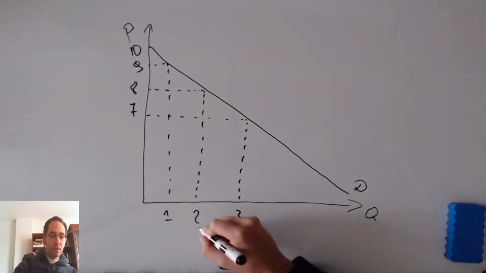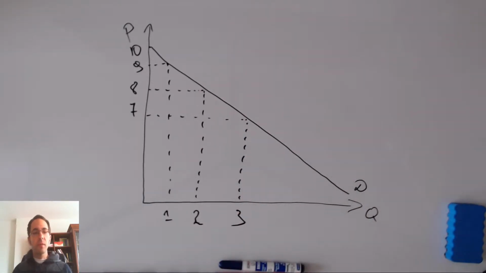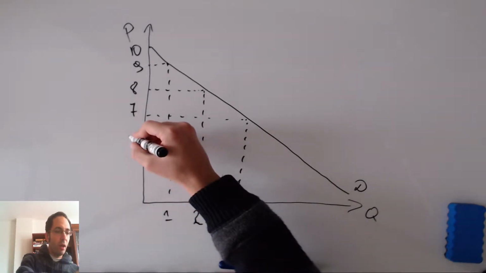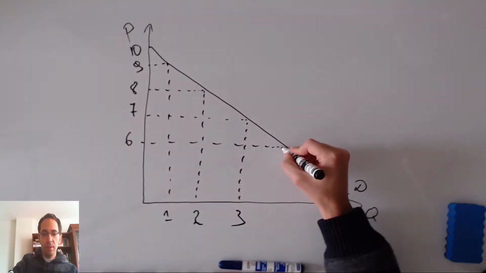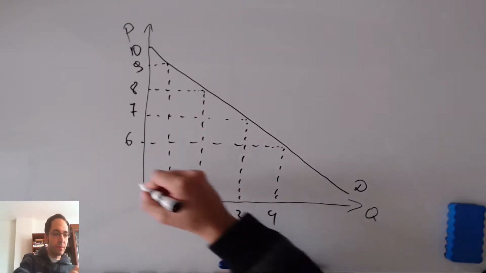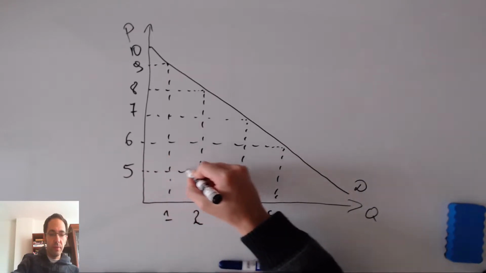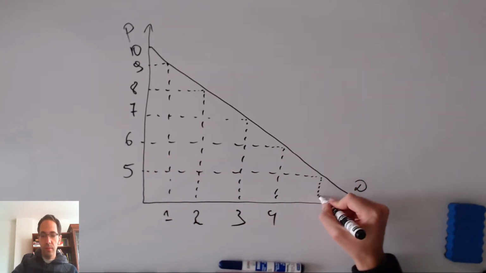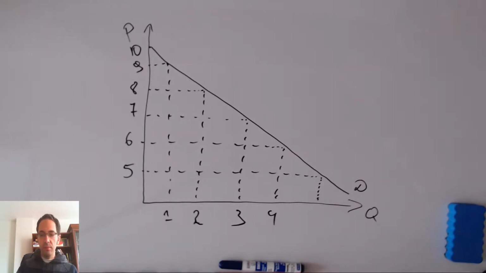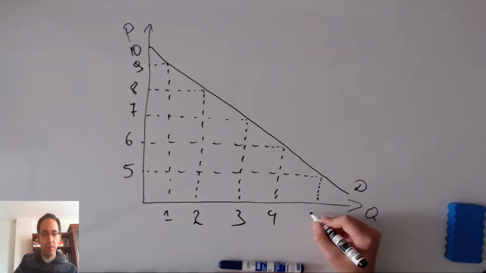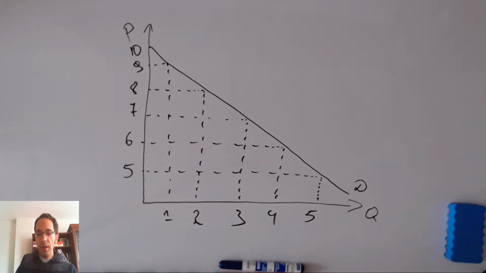Obviously, my drawing is not exactly to scale, but it will serve the purpose. Now, let's finish this. 6, we'll add here the fourth person, 5, this is 1, 2, 3, 4, 5 again, and let's say that's the lowest price. We cannot get it below 5.